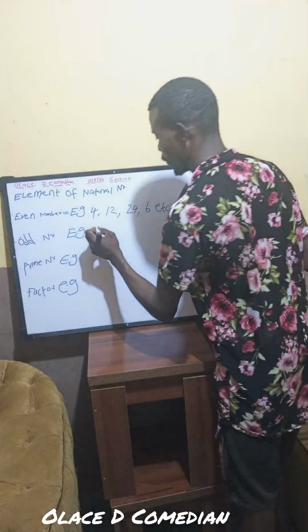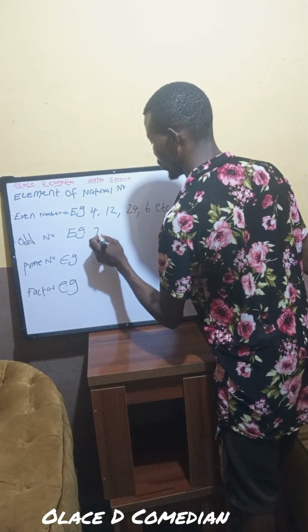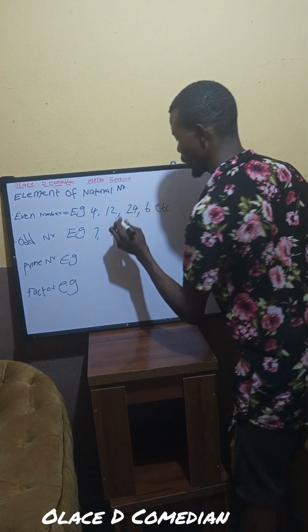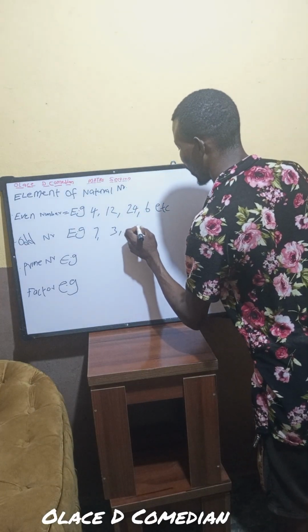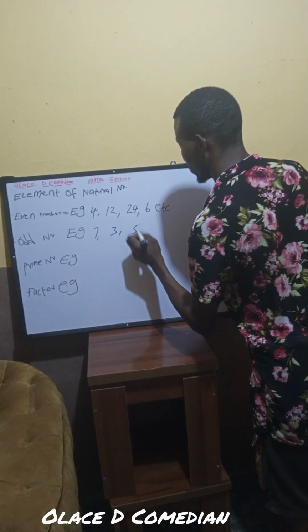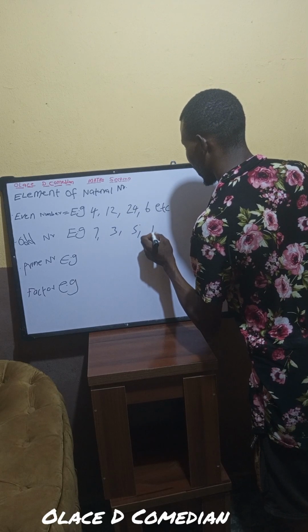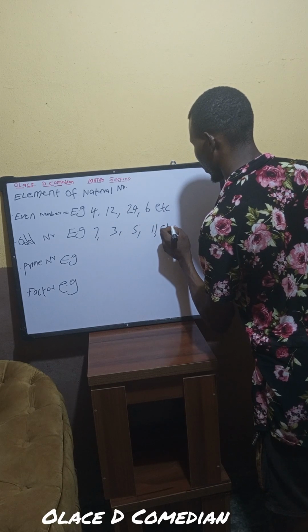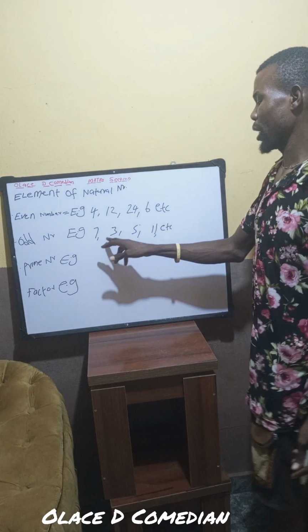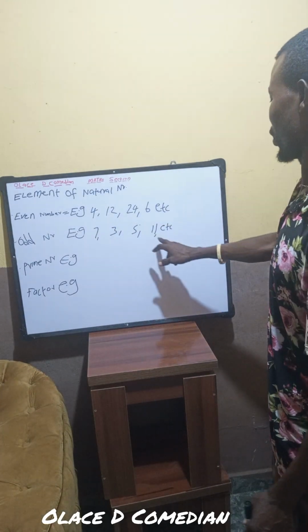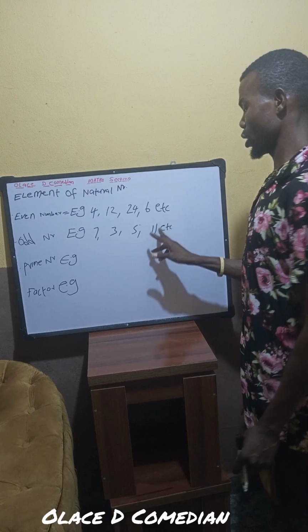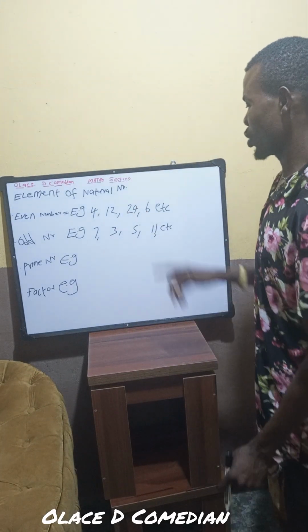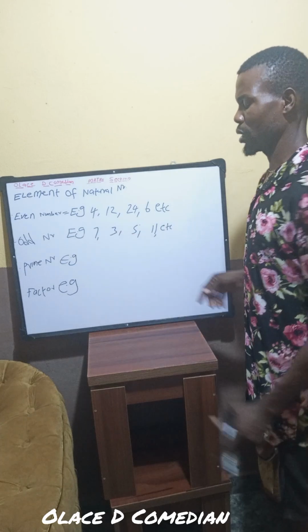Examples: we have 7, 3, 5, and 11, etc. All these numbers, 2 cannot divide them without a remainder. It must leave a remainder of 1 or 2. This is why we call them odd numbers.